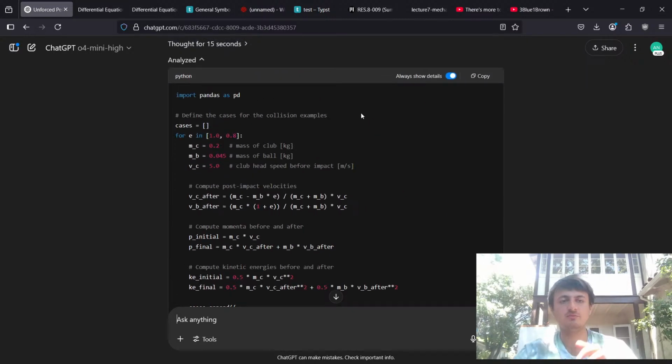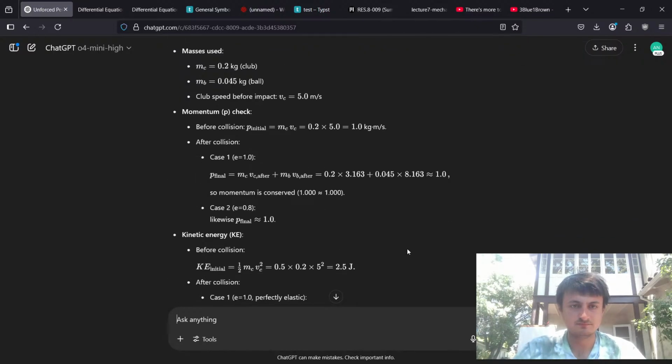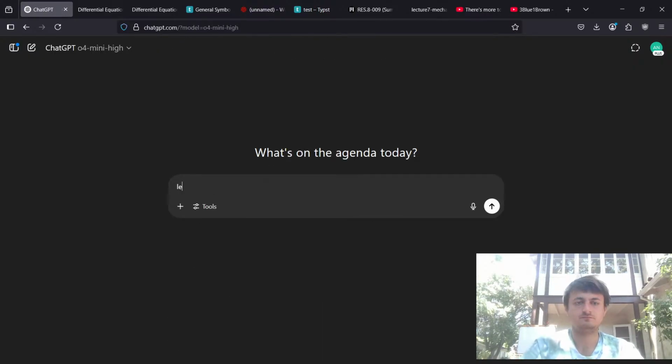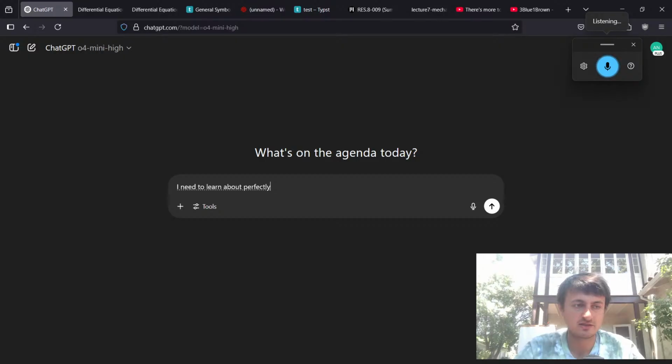This is the problem with when you give it code. Okay, wait. I need to learn about perfectly elastic collisions between two bodies on a frictionless surface. And I just don't know any of the math.